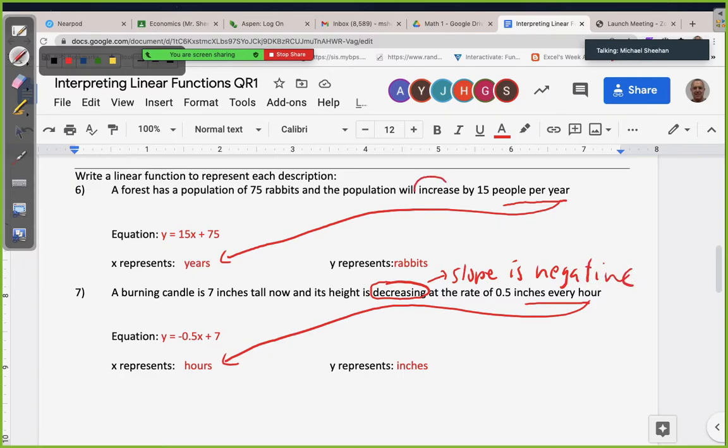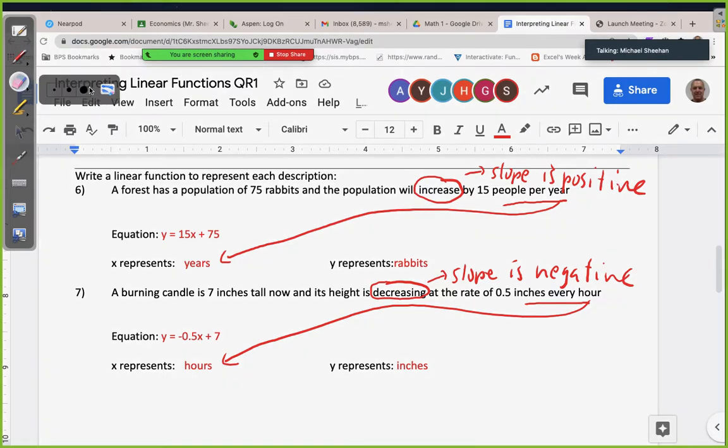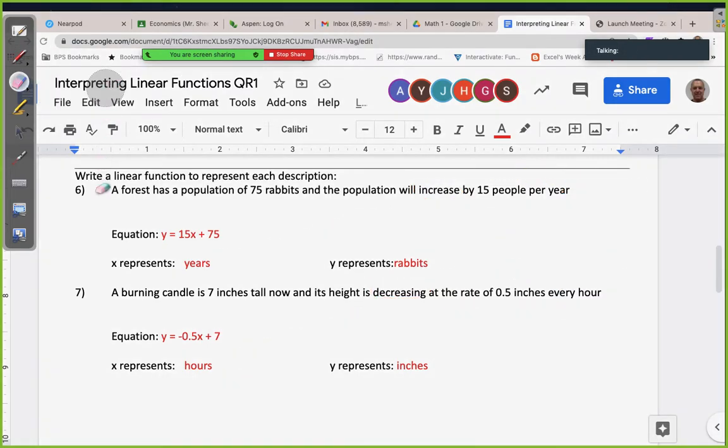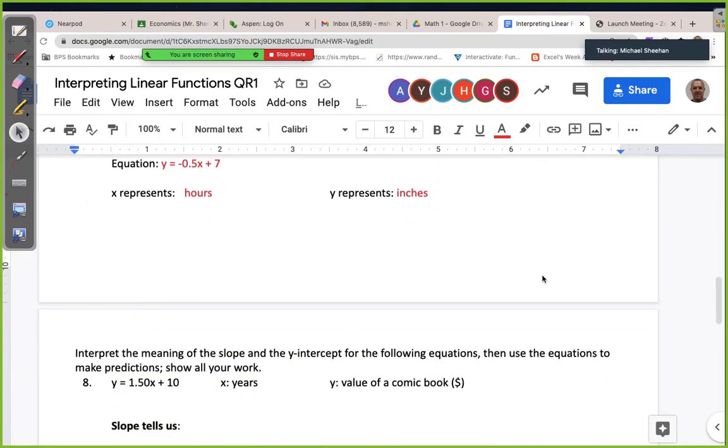And when I see something's increasing, going up, the slope is positive. Does that help, Amir, or no? Yeah. Okay. All right. Does anybody else have questions on this? Or should we move on and finish up? No. All right, let me show you the last 2 problems.